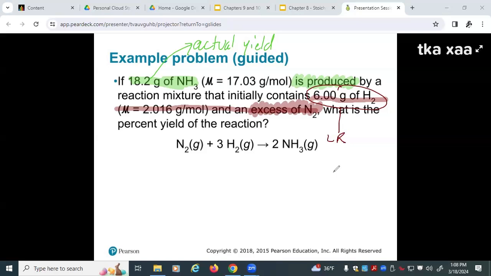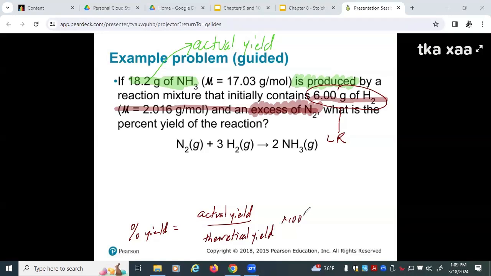So to answer the question about percent yield, I need to do two things. Remember, percent yield is actual yield over theoretical yield times 100%.